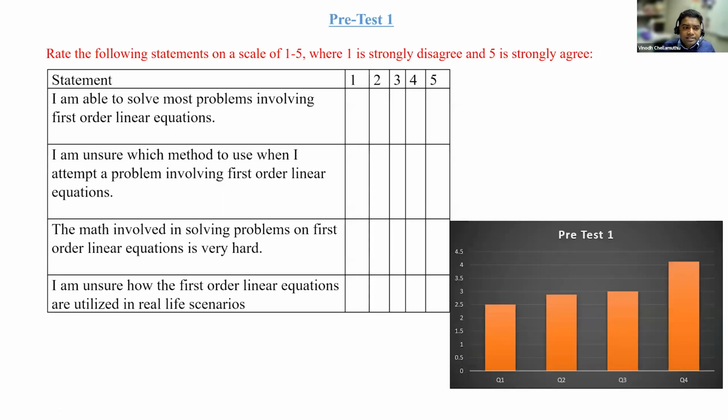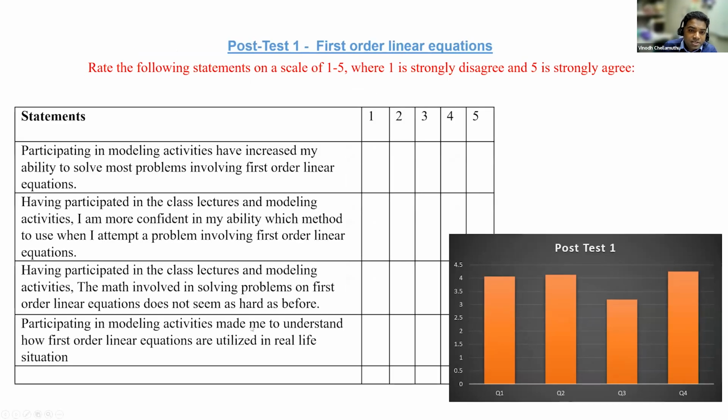So once I do all this, as I told you, I have given a pre-survey. This is the pre-survey I gave to them, and those are the results you can see in the graph. You can notice that most of the students do not know what first order linear equations mean in terms of real life scenarios. And then after that modeling activity, which I explained to you, I gave the post-test.